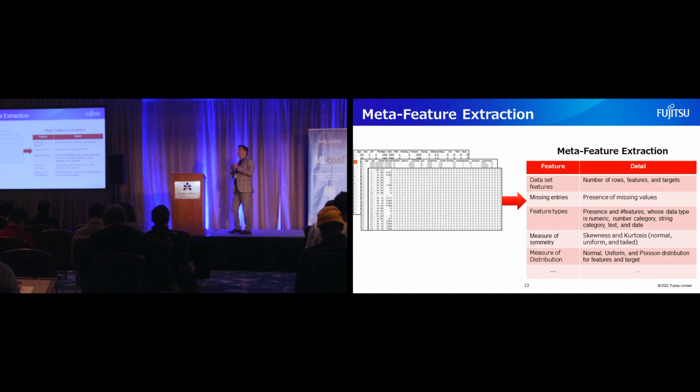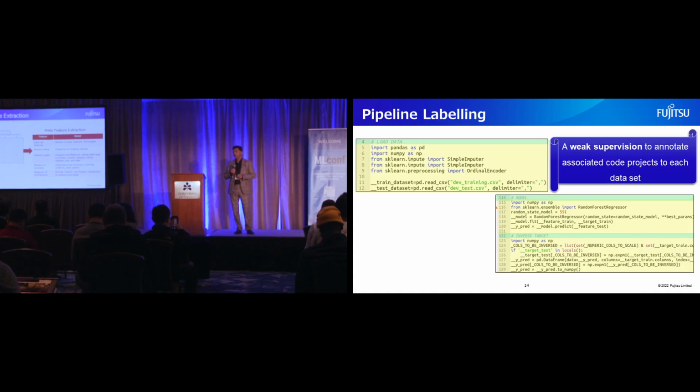Once we figure out the metadata of this tabular data, then we look at the diverse set of data sets. So now we collect the measures, for example, distribution, et cetera, from the tabular data. So we call it meta feature extraction.